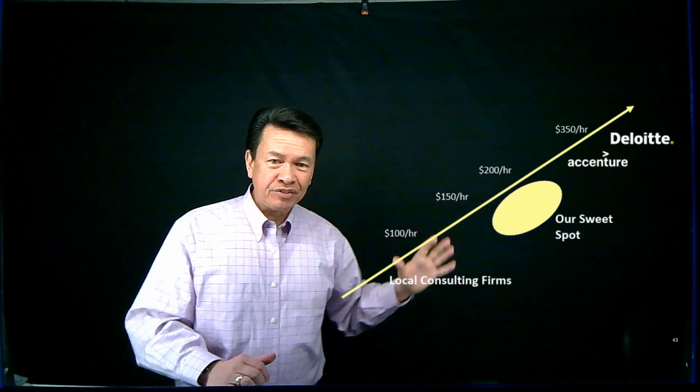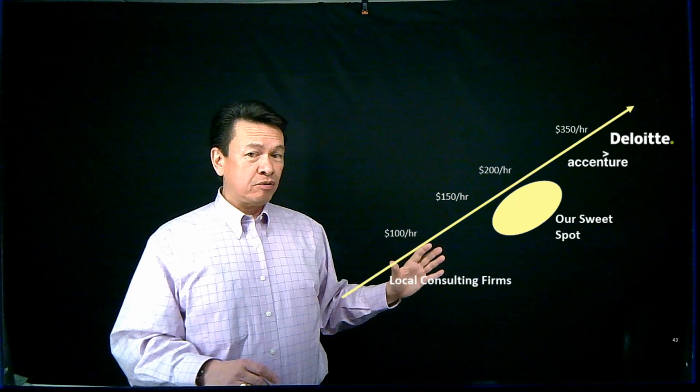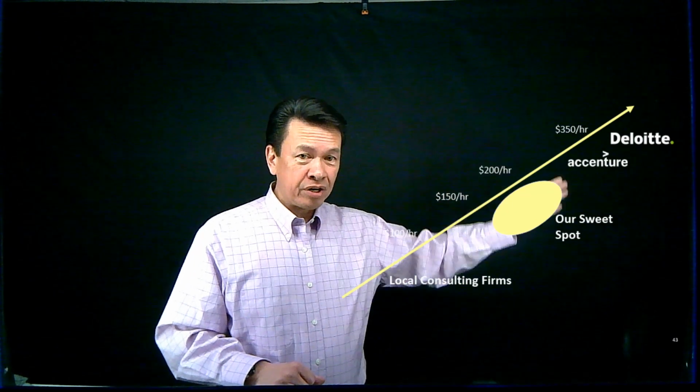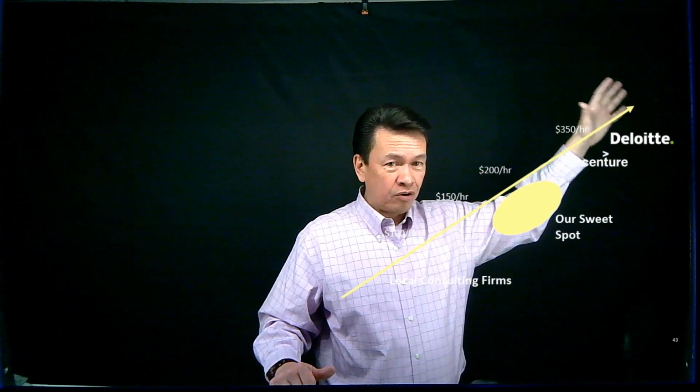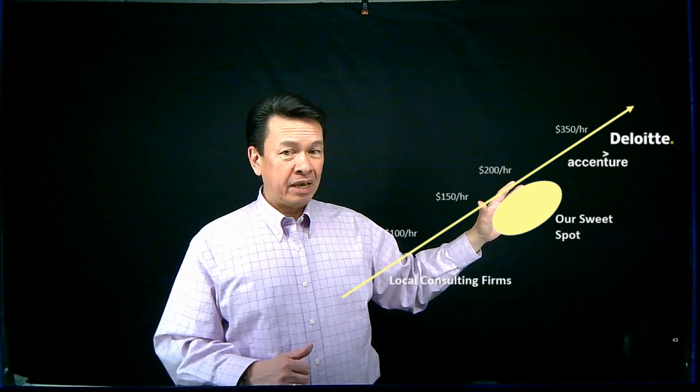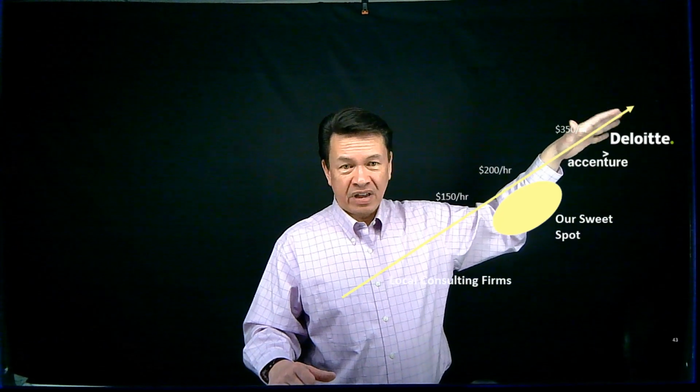And then we are pricing ourselves higher than the local consulting firms and saying, yeah, you can hire them, but you're not going to get the same quality, right? You're going to get the same quality as a global firm, but because we're local, we're going to charge you guys less, right? And now these fantastic companies, very successful, right?